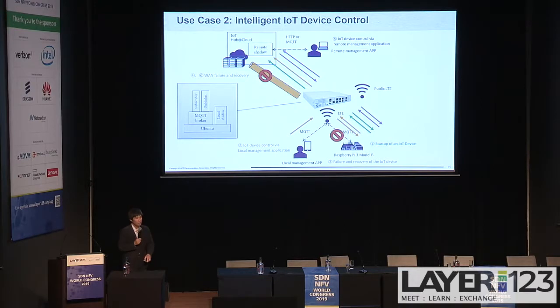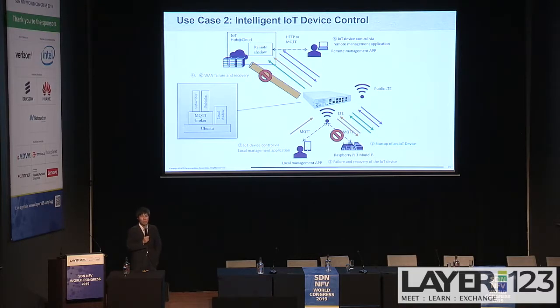Another use case that I want to share with you is intelligent IoT device control. What we actually want to achieve here is to control the IoT device locally. Just to give you some simple use cases here. First of all, the first button here is the startup of a certain IoT device.